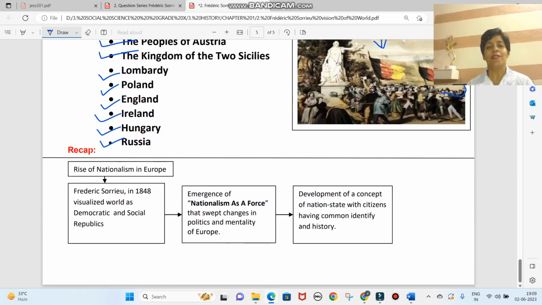Let's quickly recap the entire topic. We can see that the rise of nationalism in Europe just started. Frederic Sorrieu was a believer in democratic, social, and republican nation states. In 1848, he visualized a world of democratic and social republics, and he depicted his dream through a series of four prints.